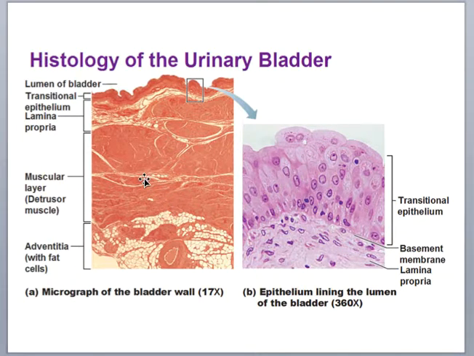When you look at it, it won't look as pretty as the smooth muscle in the intestines, because in the intestines you have those nice two layers of circular and longitudinal, but here you have lots of layers of smooth muscle going in lots of different directions to give the ability to contract in all different directions to eliminate urine. So you should be able to identify transitional epithelium and the detrusor muscle of the bladder.